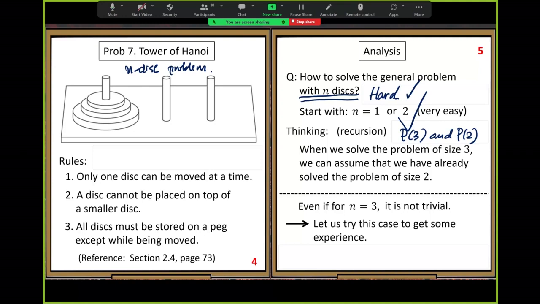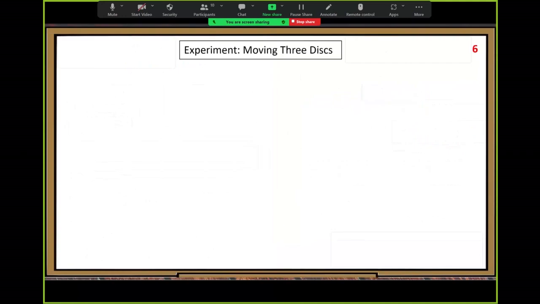So we need to do it on a scratch paper. For example, here I draw some diagrams. Step 0, this is the state before we move any disk.